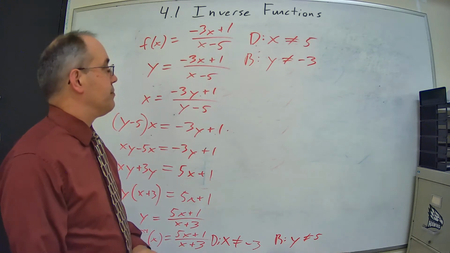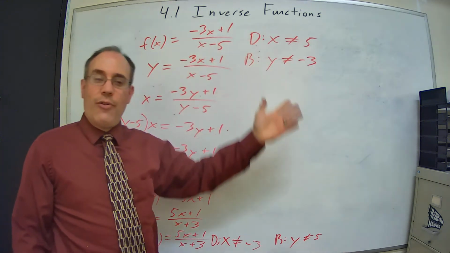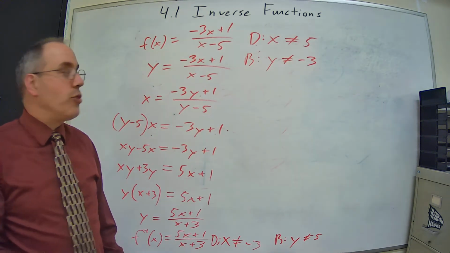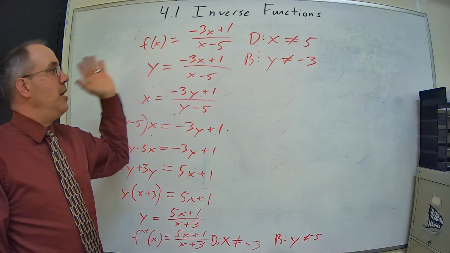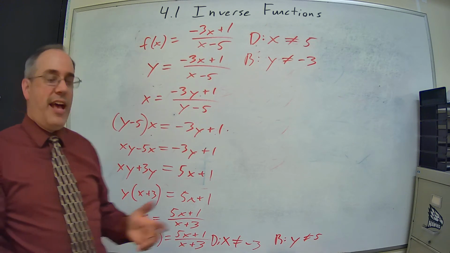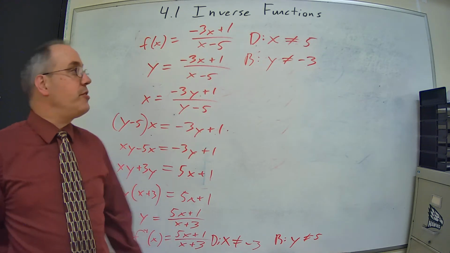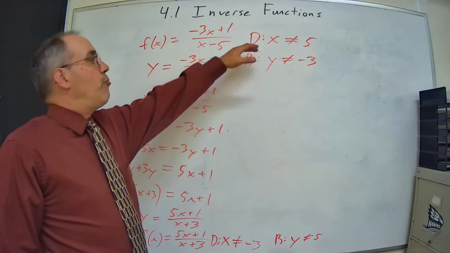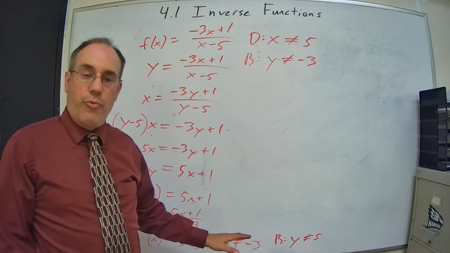So that's dealing with rationals, and we got to see how the domain and range work. So sometimes we can tell the domain and range from just looking at the function, and then that will tell us the domain and range for the inverse function. Other times it's really easy to tell the domain of the function, but hard to tell the range.